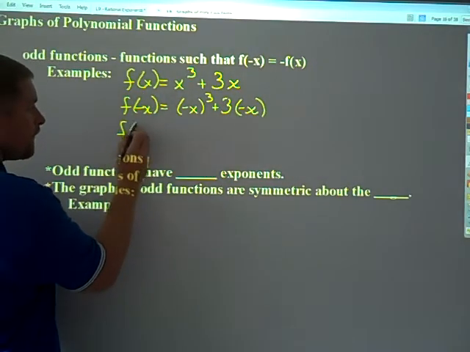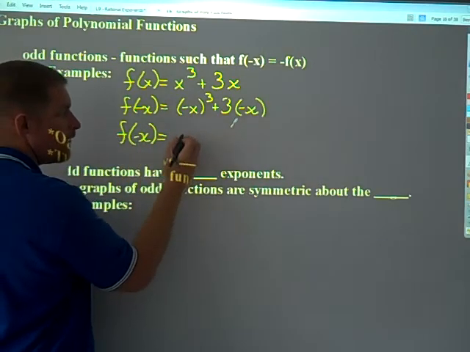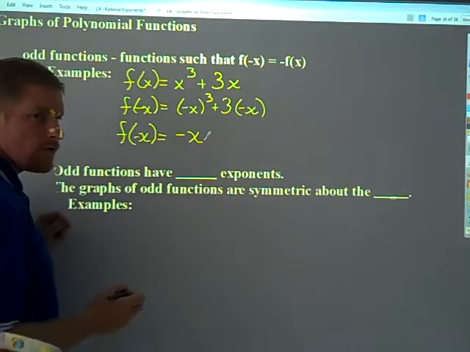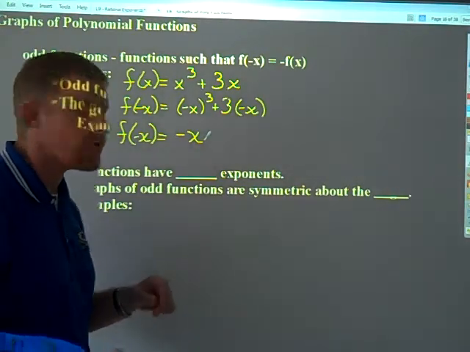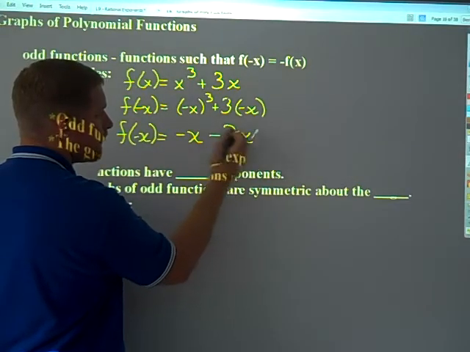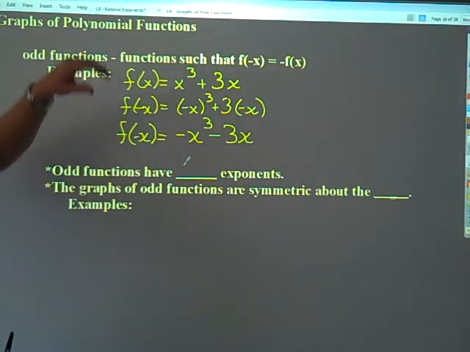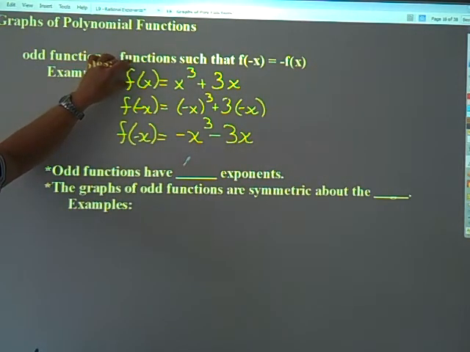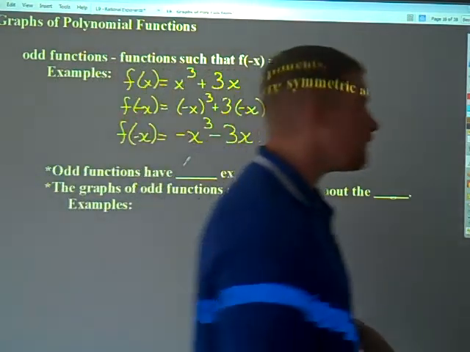Well, working this out, we have f of negative x equals negative x to the third power, which is still negative x, because that's negative x times negative x times negative x. And then negative x times 3 is minus 3x. As you can see, this is the exact opposite of the original function f of x, so therefore we do have an odd function.